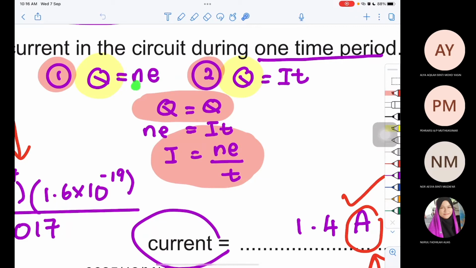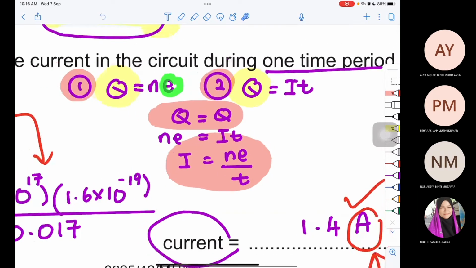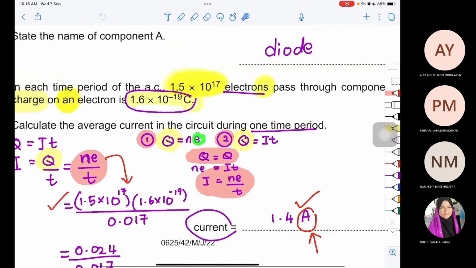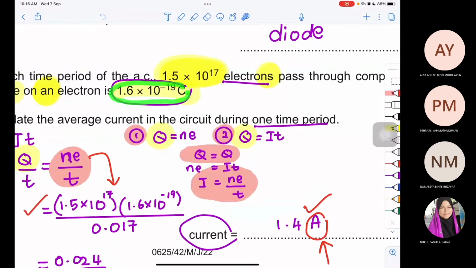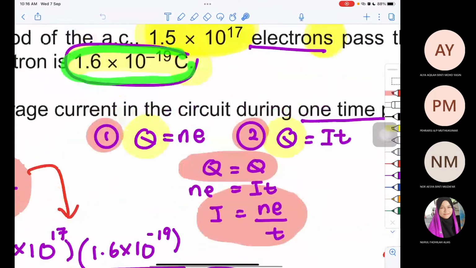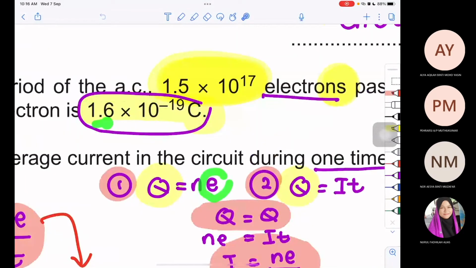Now N, what is N? N is the number of electrons. So what is E? E is the charge on electron. So charge on electron, ni contoh macam ni lah. So dia mesti, so charge of electron is fixed. Yeah, the value is constant, which is 1.6 times 10 to the power negative 19.